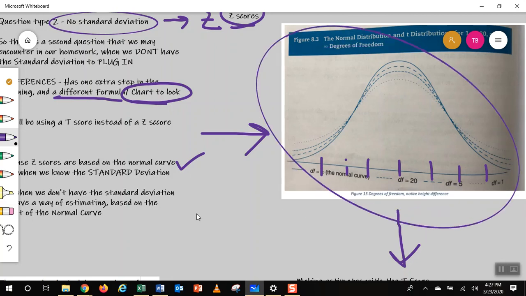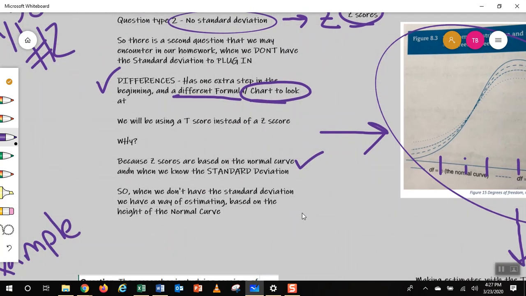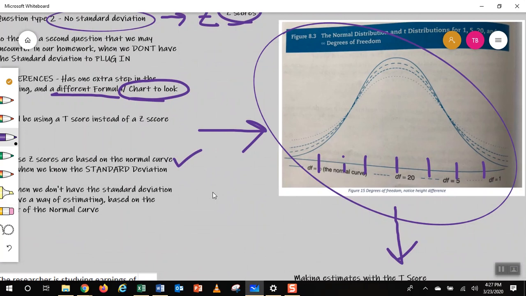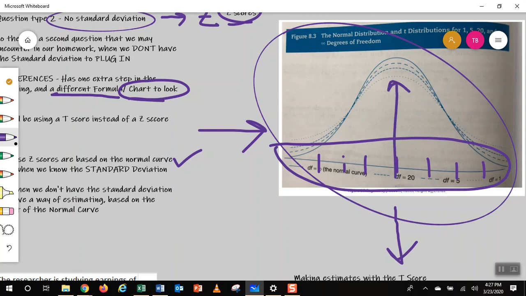Okay? So what we have to do is make an estimate. Because we don't know about the ticks going this way, we end up estimating based on how tall the curve is. That's what these dotted lines represent. So we're essentially just going to estimate based on how many observations we have, or how big our sample is.